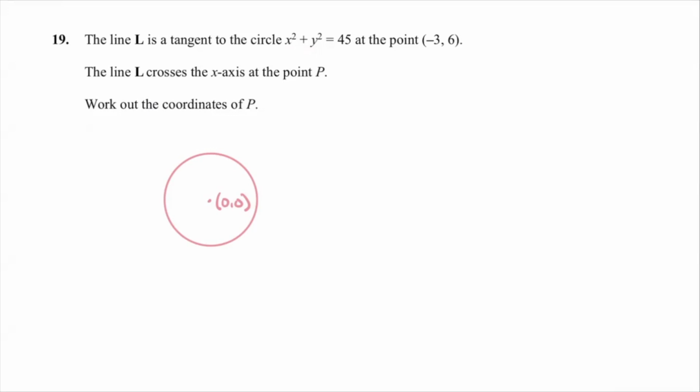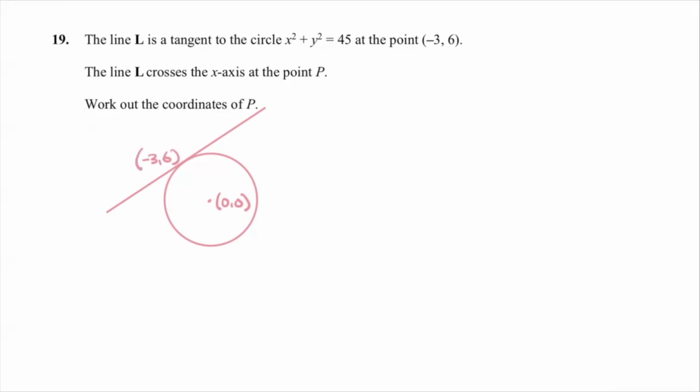So I'm just going to kind of visualize -3, 6. And I know that my line would probably be somewhere around here. I don't need accuracy. This is just a sketch. And I can pop on that point as well, which is -3, 6.